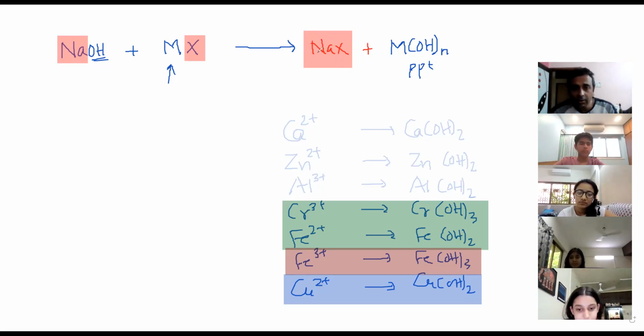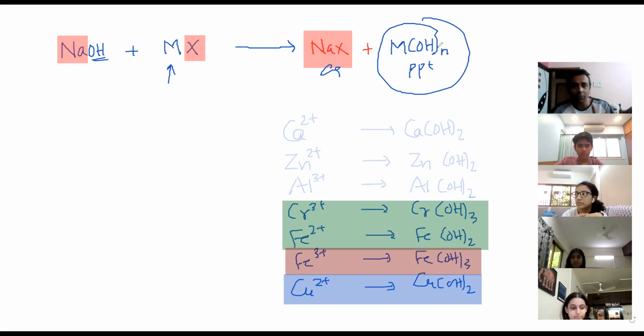So as you can see, this is a soluble salt. NaX is a soluble salt. Group 1 salts will all be soluble. But this product is not soluble. So any insoluble product formed is called a precipitate. Okay, so this is a precipitate form. So all these will form a precipitate.